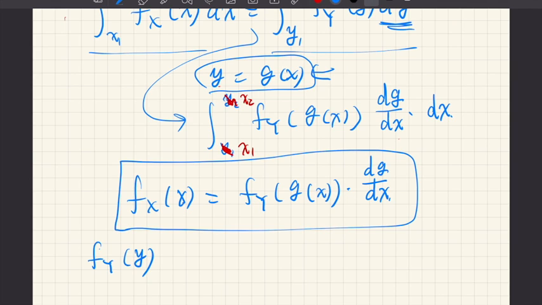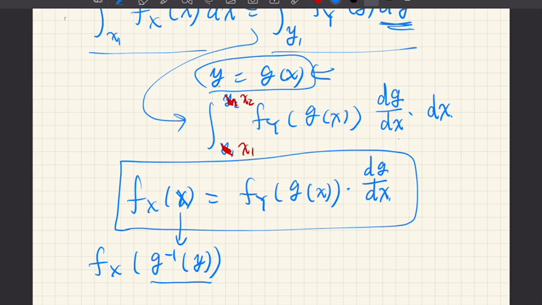So we have f_x of g inverse of y, okay, so this x is replaced with this.